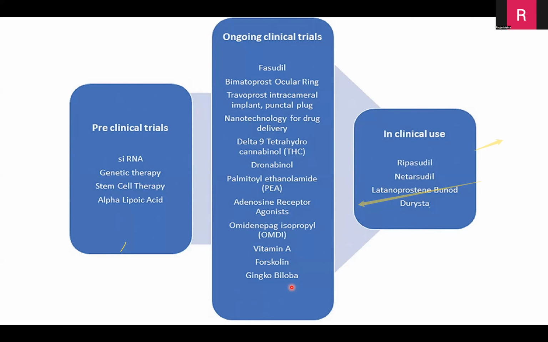In terms of what's in clinical use, there are agents which are available to us, such as Rapazidil. However, they haven't been taken up as quickly as we can because of the limitations in accessing these drugs, particularly in Australia.